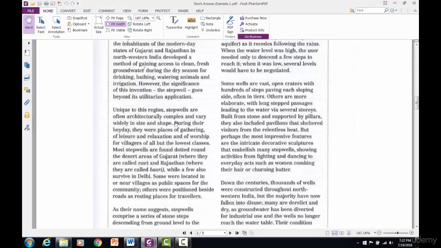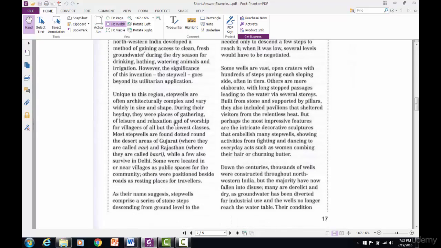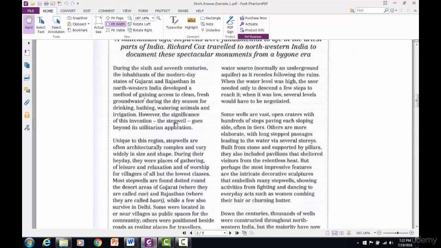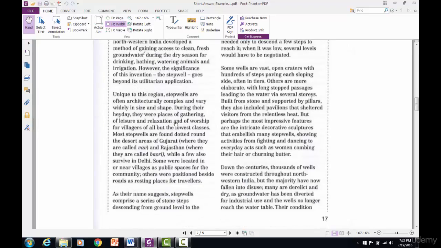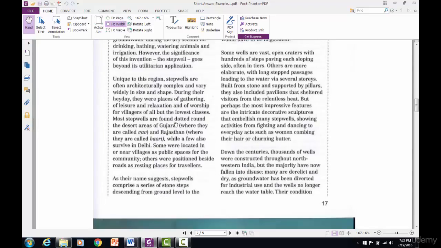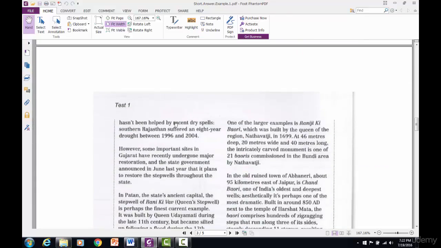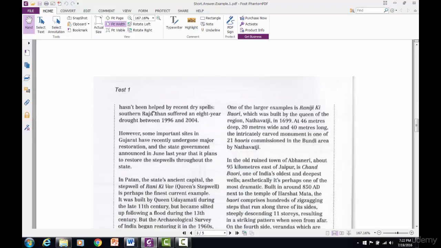There's Rajasthan again, but that's not what we're looking for. Keep in mind, we're looking for Southern Rajasthan. That's really important to be aware of. Here we go. Southern Rajasthan, and we're looking for a climatic event.